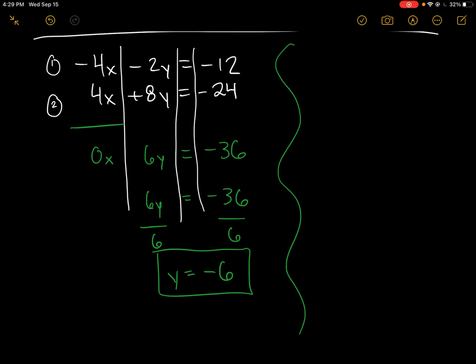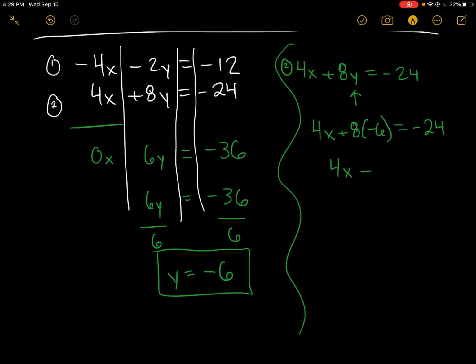In this case, I'm going to choose equation number 2. I like positive values more than negative values. Again, either will get you the exact same answer. It does not matter which one you pick. So again, I'm choosing equation 2 here. And everywhere that we see a y, we'll put that negative 6 in its place. And pop the negative 6 right there.